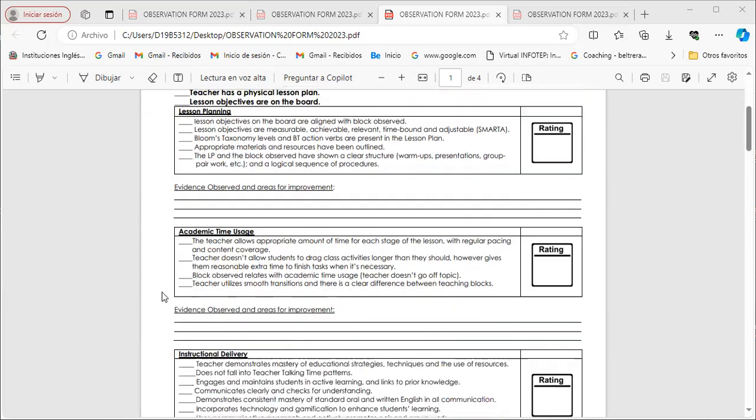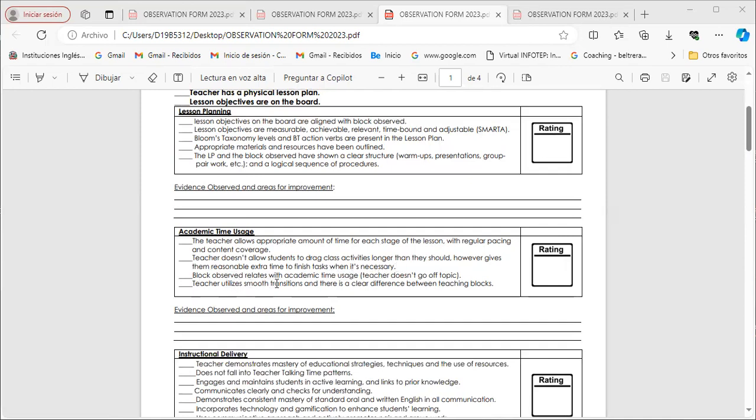Then if your second criteria to observe is the academic time usage, then you check if the teacher allows appropriate amount of time for each stage of the lesson with regular pacing and content coverage, not too fast, not too slow. The teacher doesn't allow students to drag class activities longer than they should, however, gives them reasonable extra time to finish tasks when it's necessary.